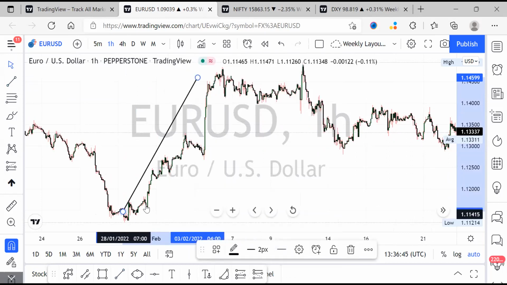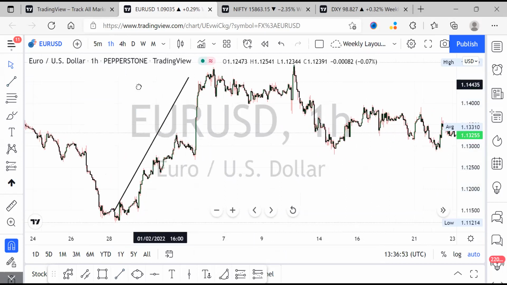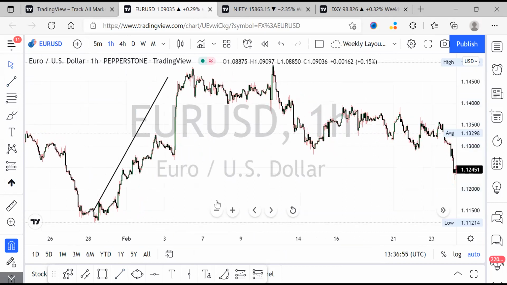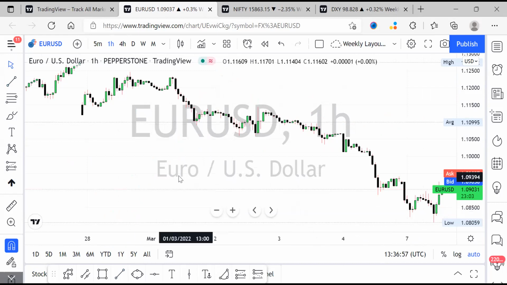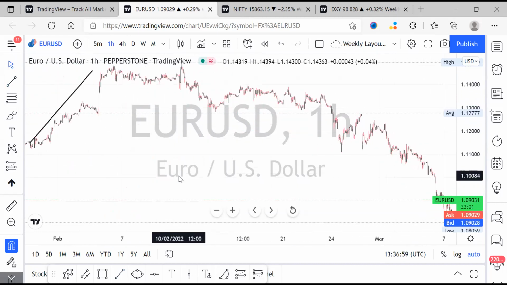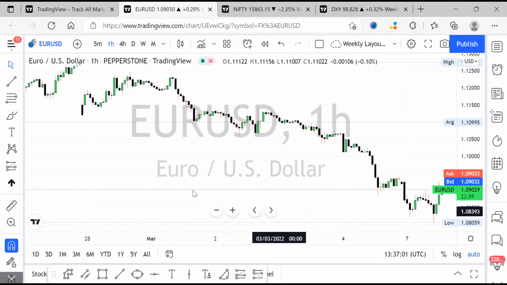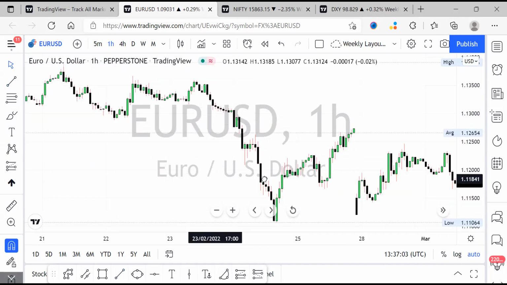So as we can see in this particular area, price is going up, continues to go up, continues to go up, and then it hits an area that it doesn't go above. What it does then is that it needs to either reverse or continue.